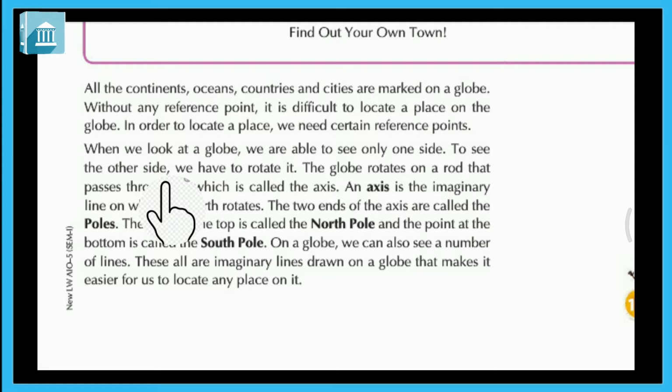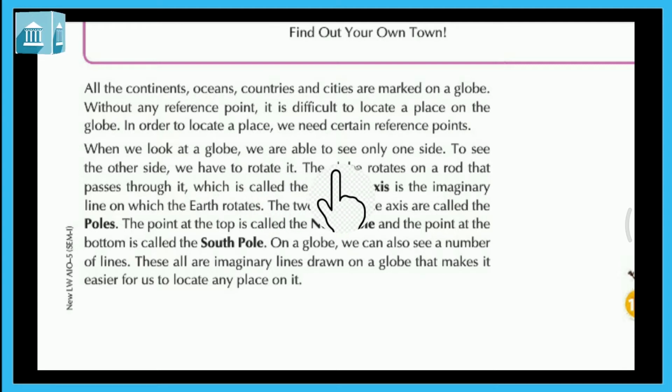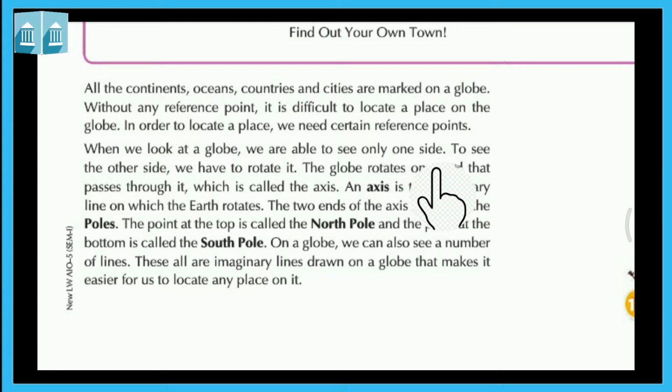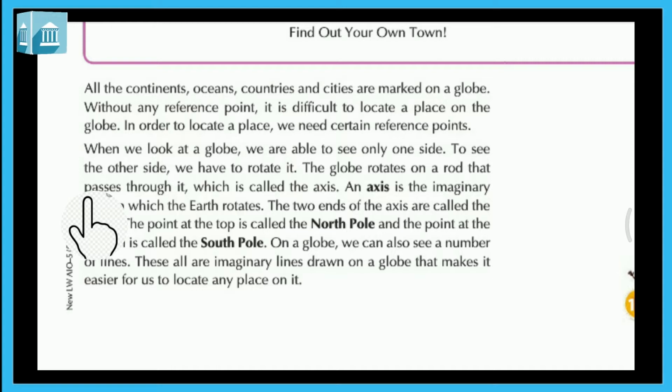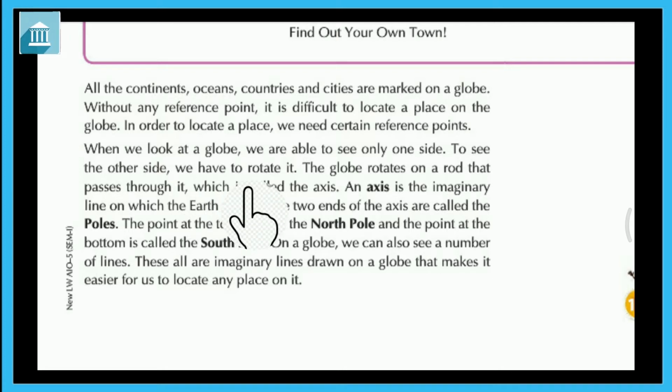When we look at a globe, we are able to see only one side. To see the other side, we have to rotate it.